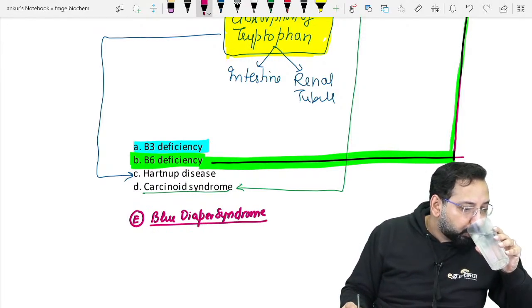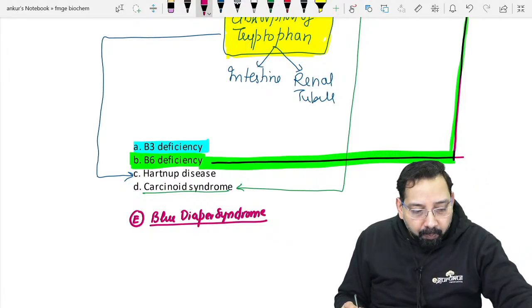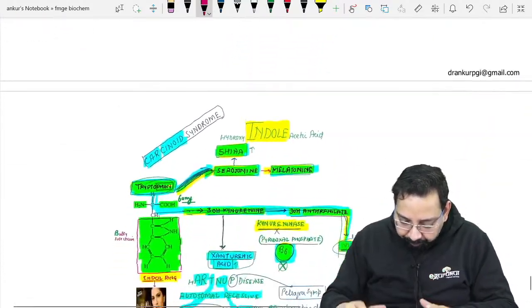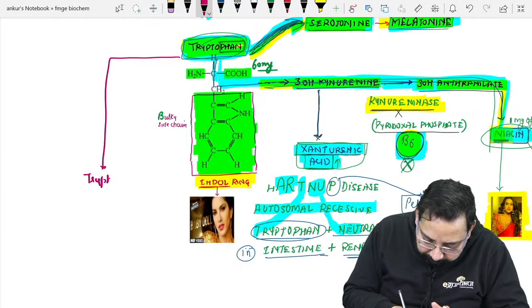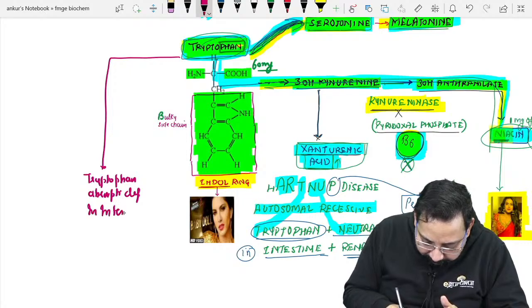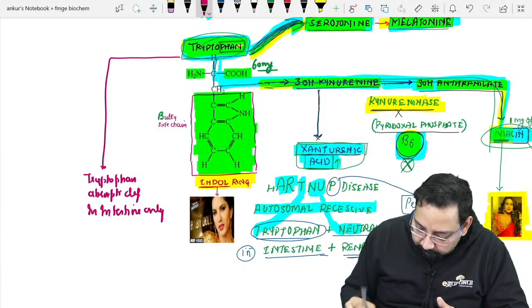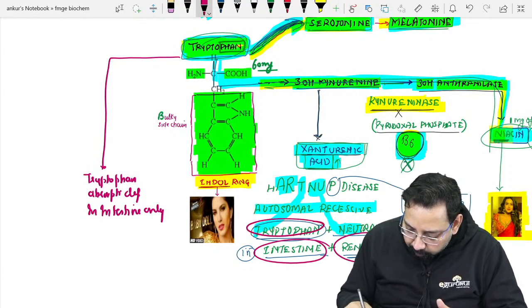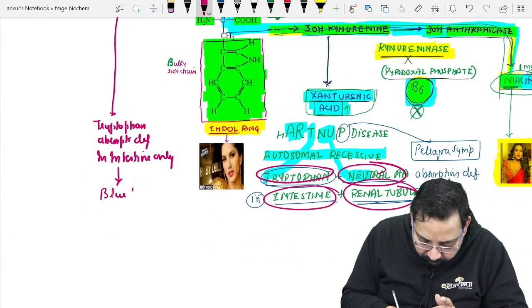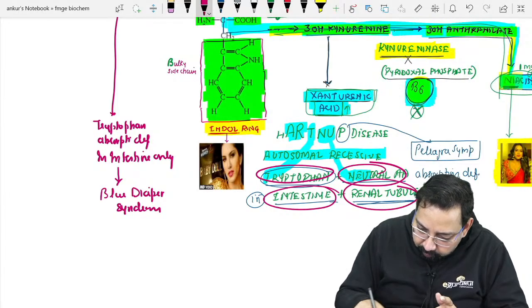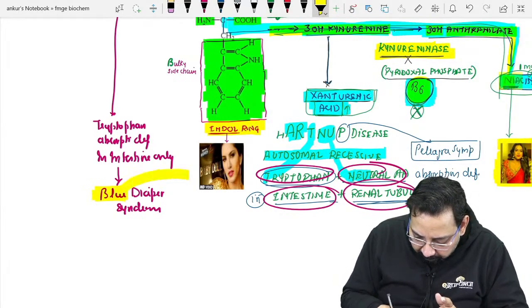If tryptophan absorption is defective in intestine only, it was both intestine and renal tubule, both tryptophan and neutral amino acid, only intestine, then it is blue diaper syndrome.